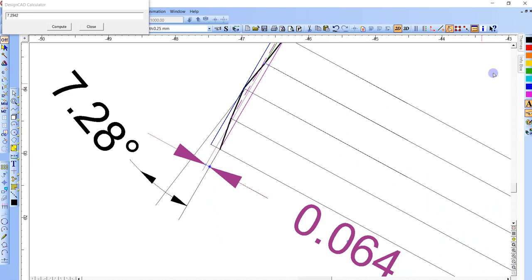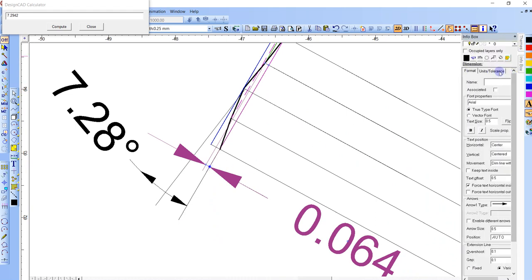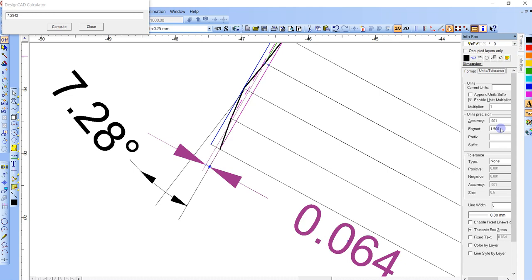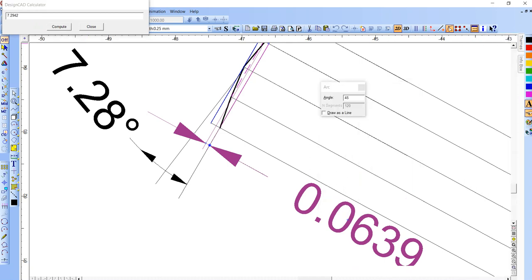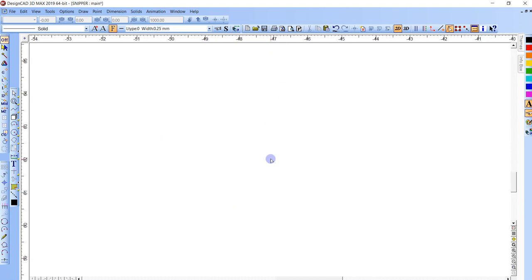If we took that out a little bit more precision, we should end up with something a little more accurate. 7.283. Yeah, so there was just a little rounding error.